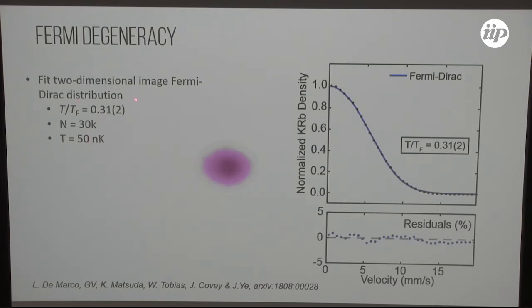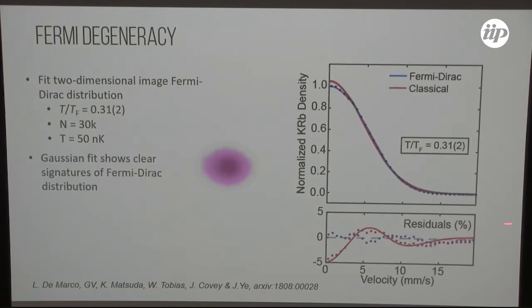You can see this azimuthally averaged radial profile with a fit through the Fermi-Dirac distribution. You can see that T over T_F is around 0.31. This fit has no residual, as was shown almost 20 years ago by Brian DeMarco and Deborah Jin, always at JILA.